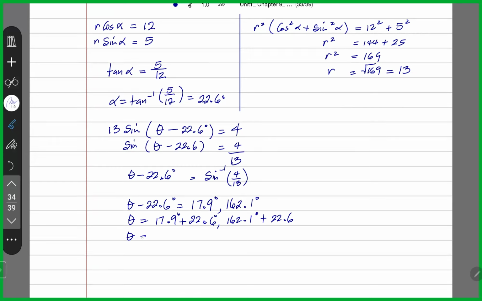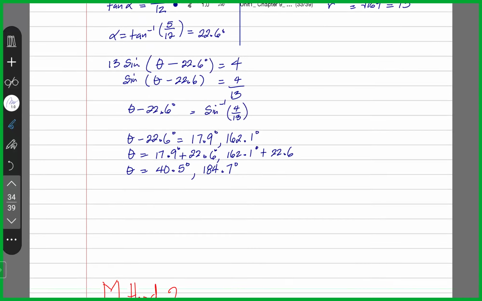Theta is equal to 40.5 degrees and 184.7 degrees. I think those are the only two answers.